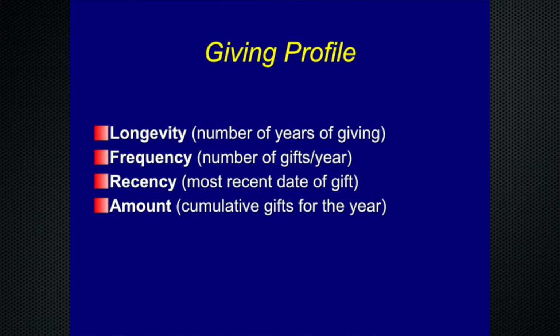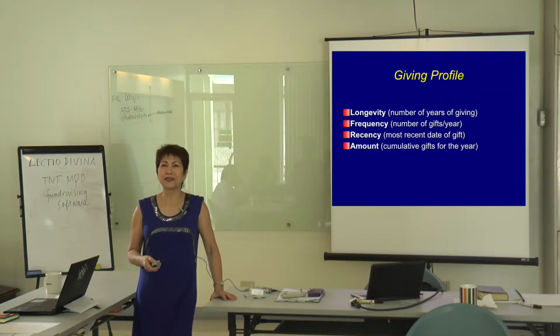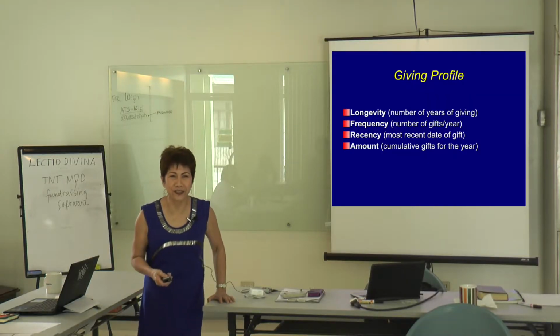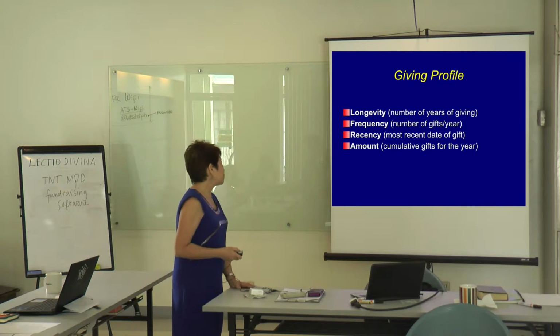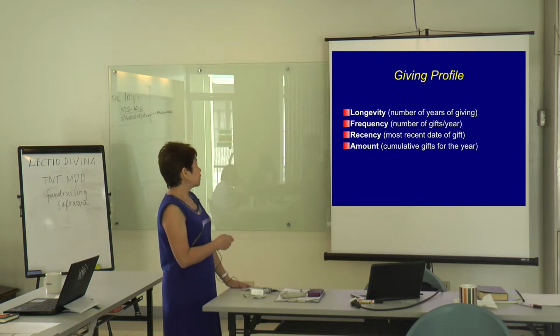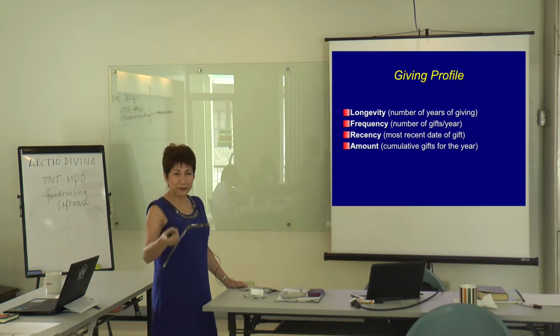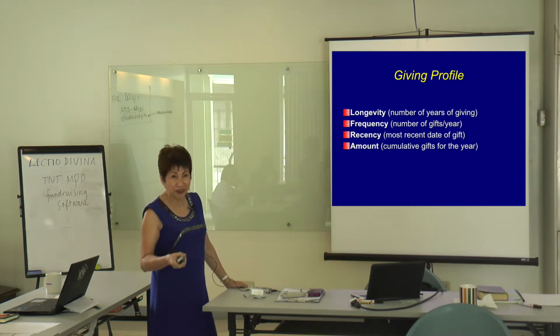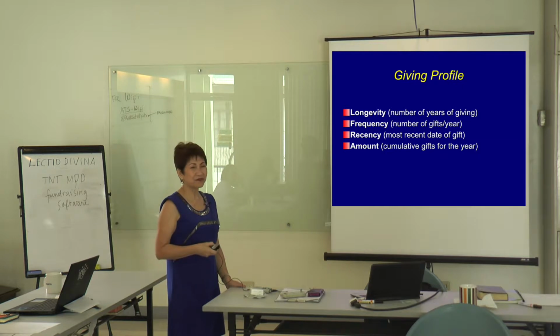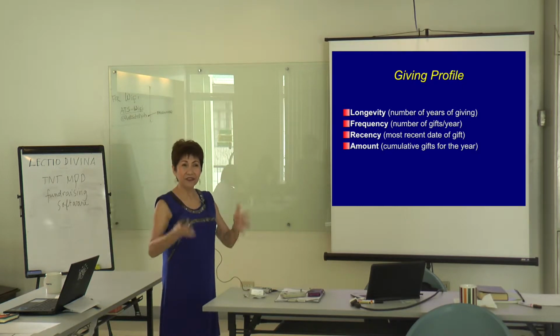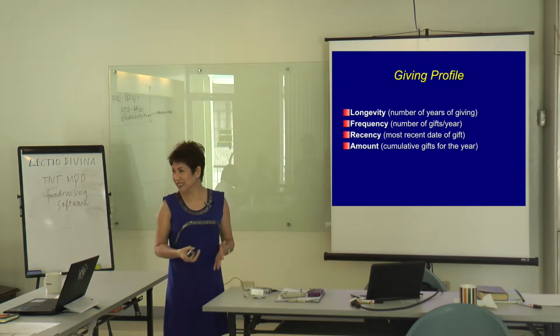So the giving profile of each of your donors will include their longevity, which is the number of years of giving. Maybe some people have been giving to your organization for 10 years. So wouldn't it be nice for you to know that some people don't know that they have been giving for 10 years or more, and that means that they've already heavily invested in your organization.